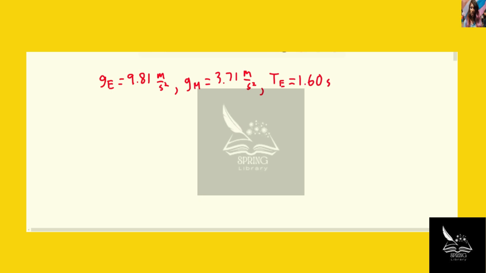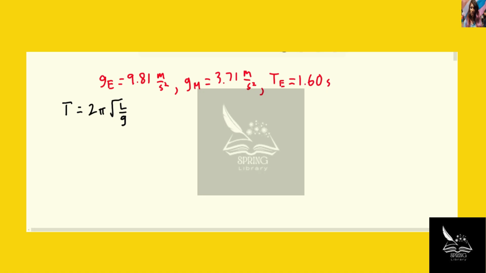Our equation for the period of a simple pendulum is T equals 2 pi times the square root of L over g, where L is the length of our pendulum.